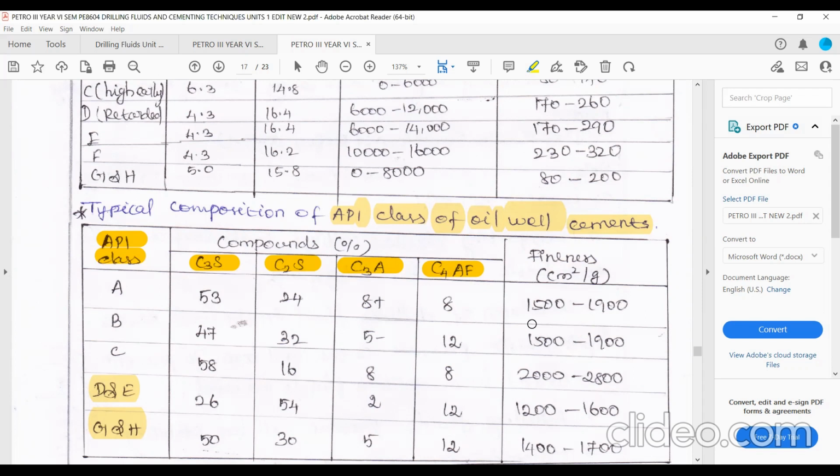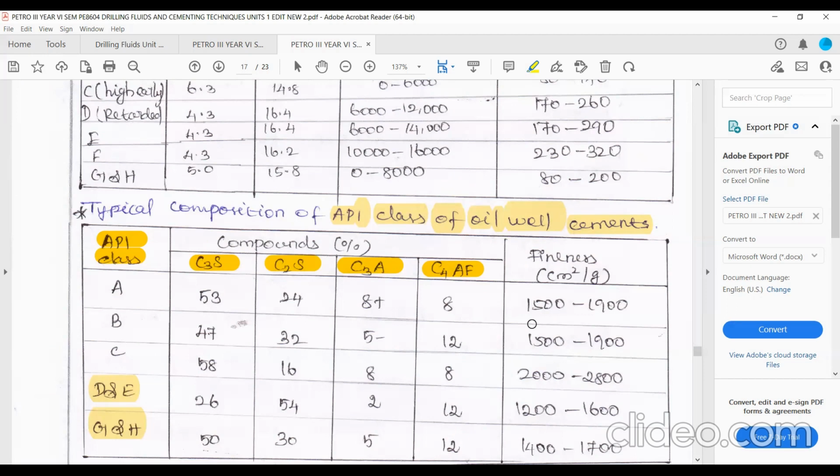If this is the class A cement according to the American Petroleum Institute, it must have this much C3S, this much C2S, this much C3A, this much C4AF, and the powder fineness must be these values, minimum to maximum. You have to learn it by heart.